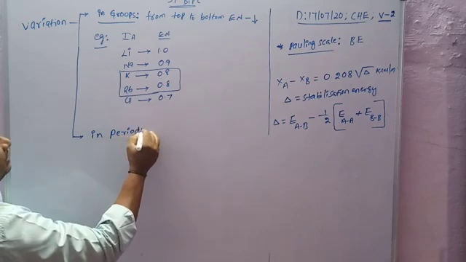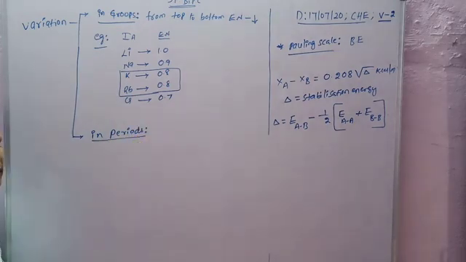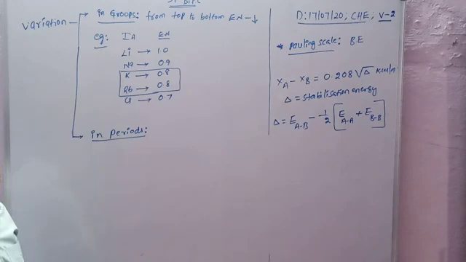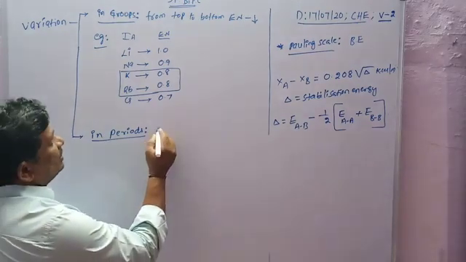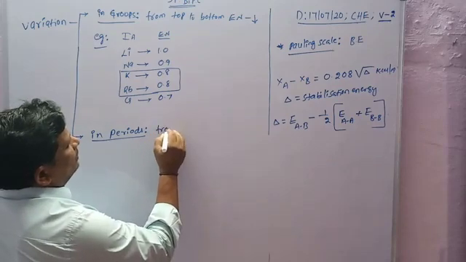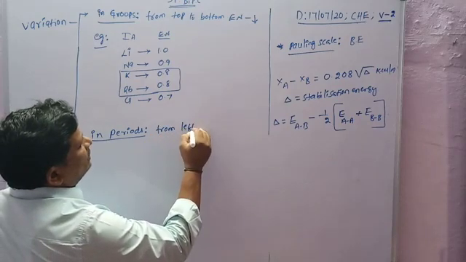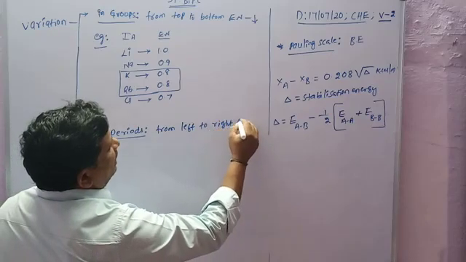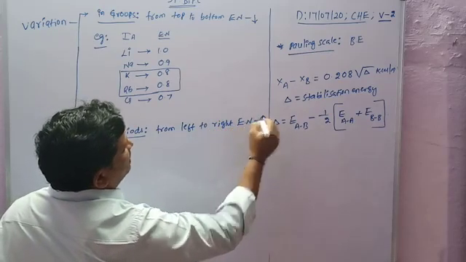In periods, actually electronegativity is inversely proportional to size. In periods from left to right, size decreases, then automatically electronegativity values increase. So from left to right, electronegativity, what happens?